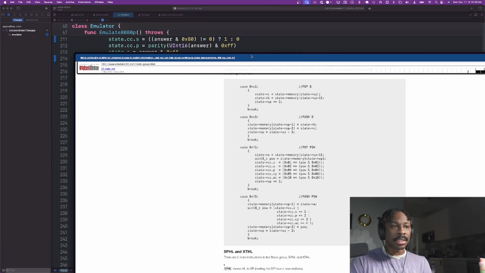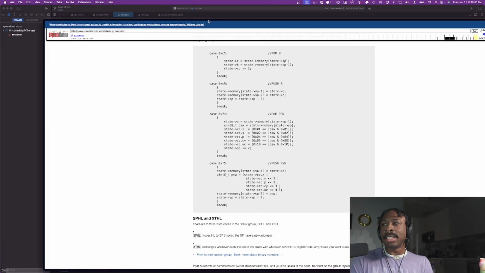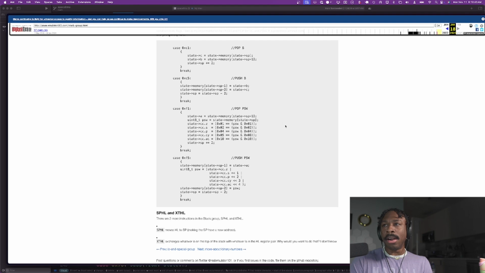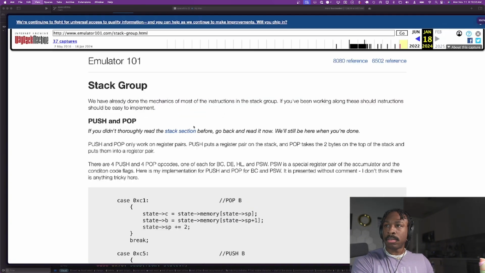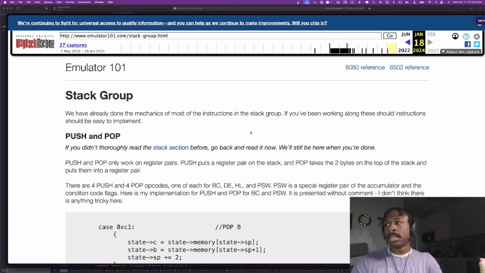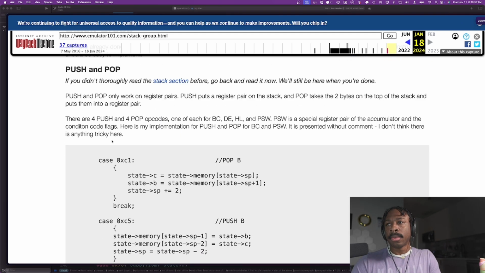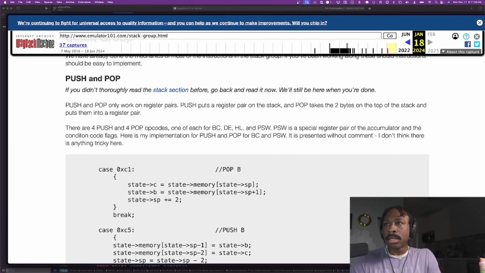Actually, let me move this over here so you can actually see what I'm reading. So the stack group, can I make this bigger? Okay, all right, stack group.